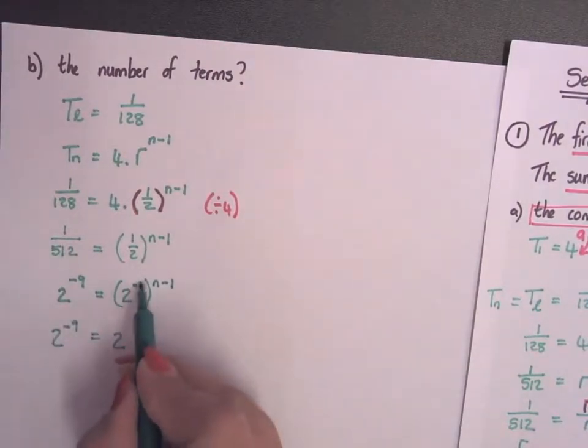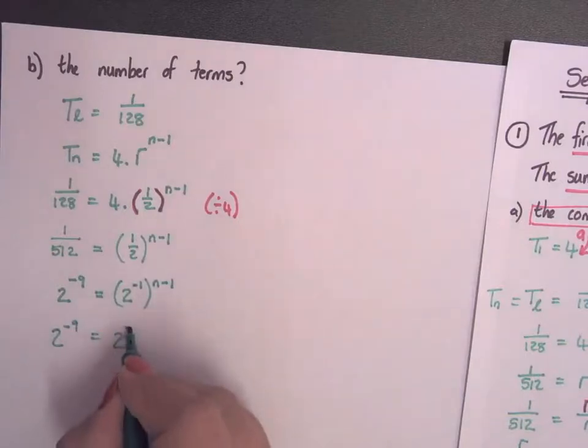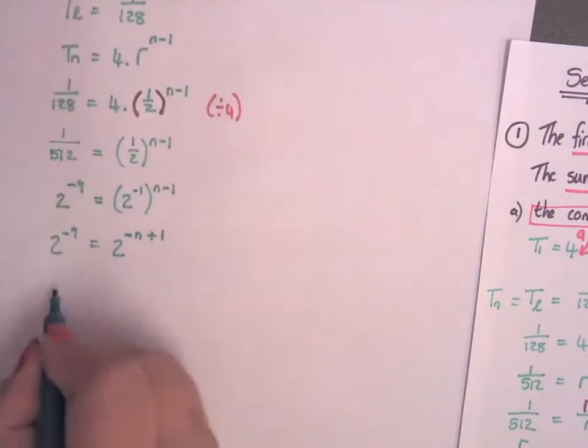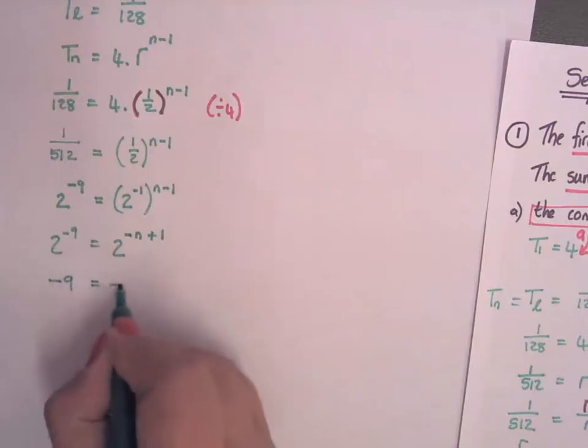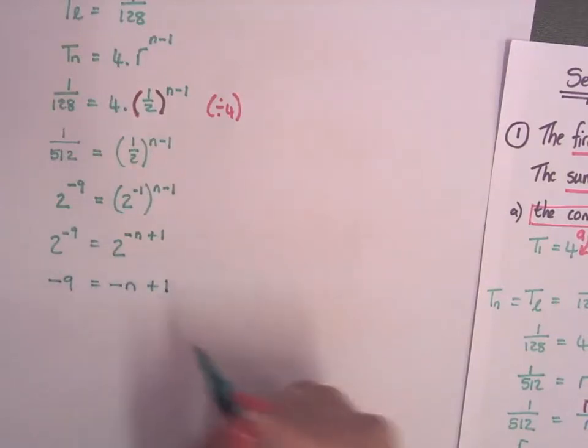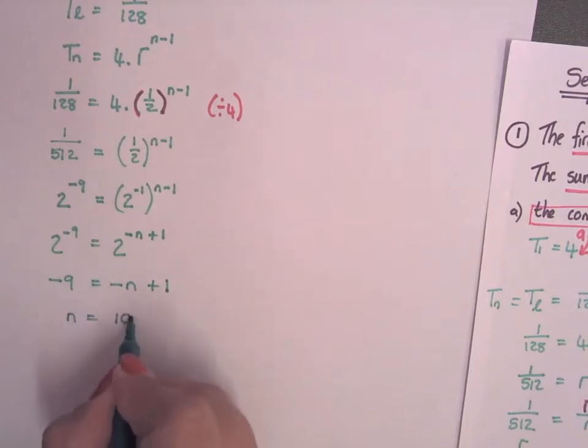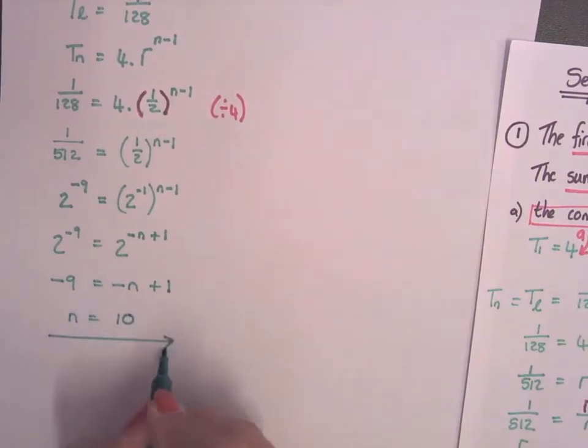Now I have to multiply this in, so it's minus n plus 1. If the bases are the same, the exponents are the same. Minus 9 equals minus n plus 1, and if you have n alone, n will be 10. So this series has 10 terms.